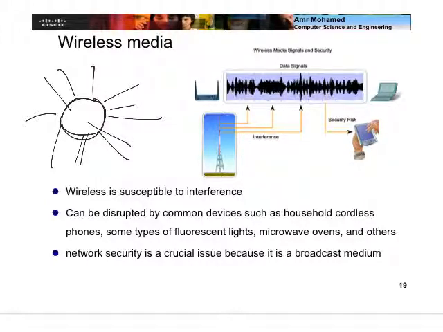So a directional antenna is good in the sense that it focuses the power in a specific direction, and it limits the interference, right? The amount of interference will only be in this area, which is less compared to if you send the energy in all directions, then you get more interference. But the problem is that a directional antenna requires a line of sight to be able to communicate.